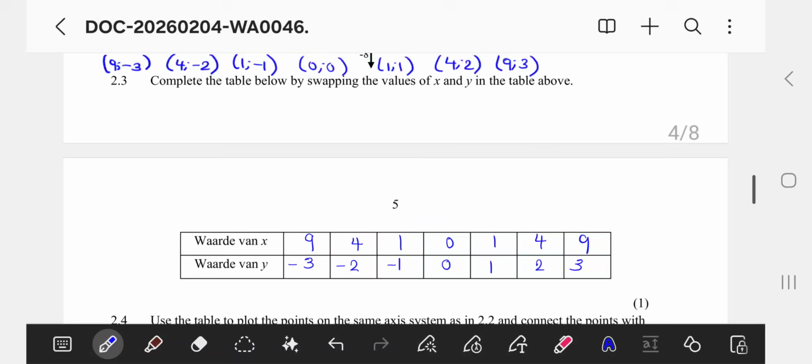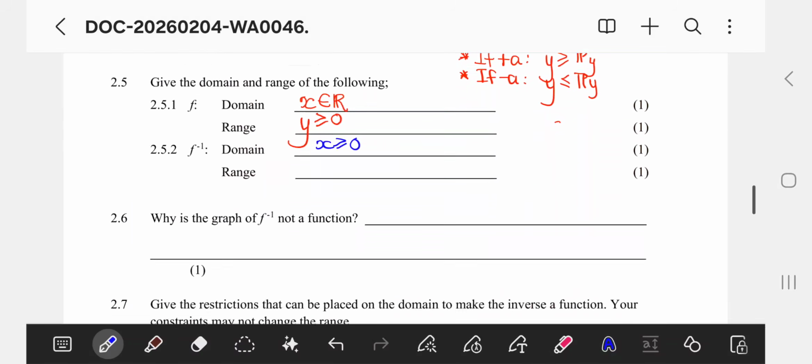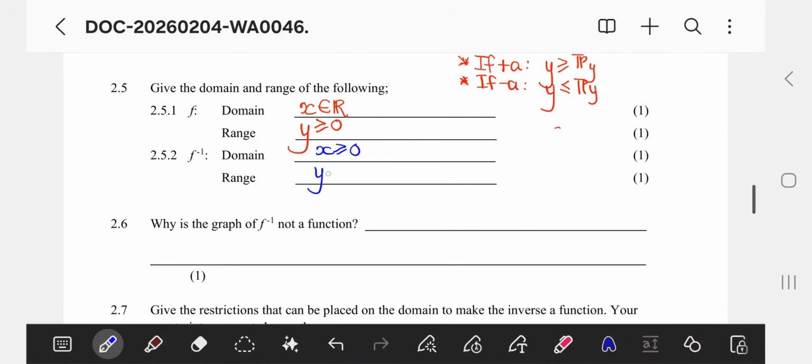However, the range, if you look at the range, because this parabola gets wider over time, eventually it will cover all of the positive y values and all of the negative y values. Since that would be all the y values from positive to negative infinity, we would write the range as y is an element of real numbers.